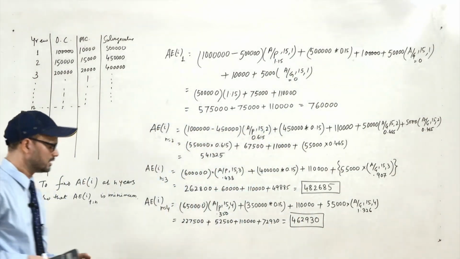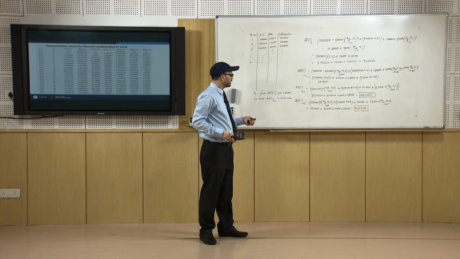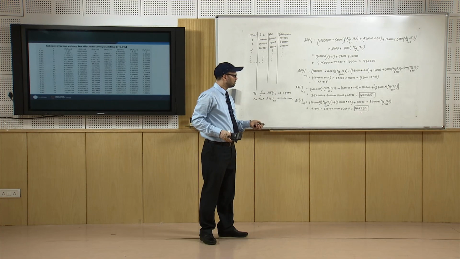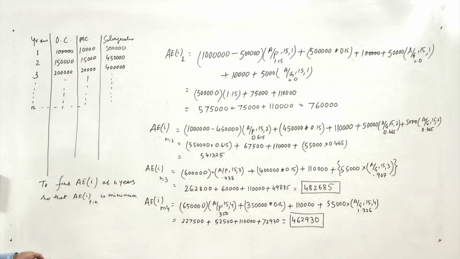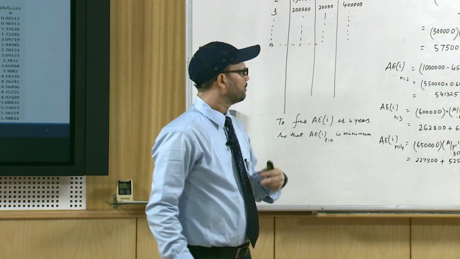What you see is that this amount has further decreased. If the machine is used for n equal to 4, the annual expenditure is further reduced to 462,930. So, it is economical to use it for 4 years instead of 3 years, but this is not the end.